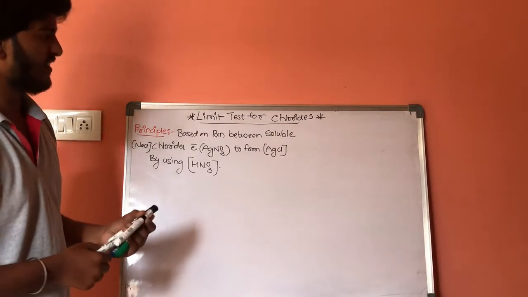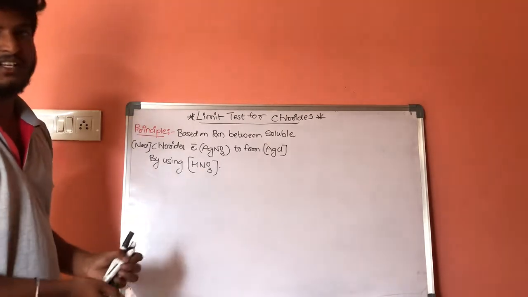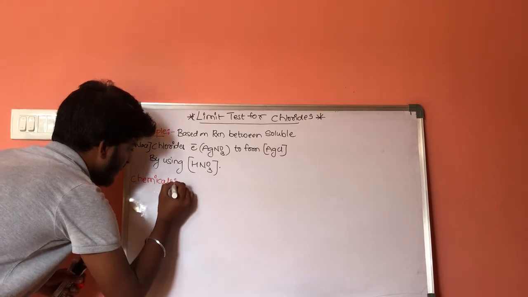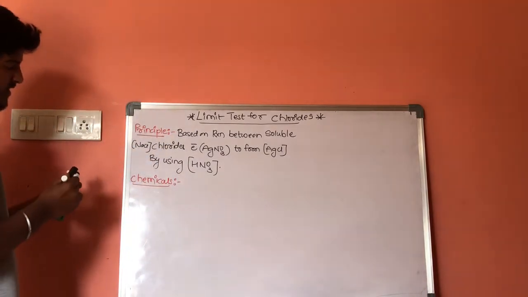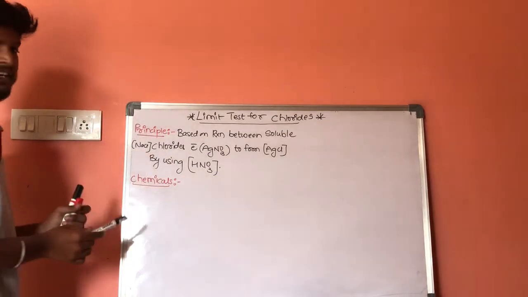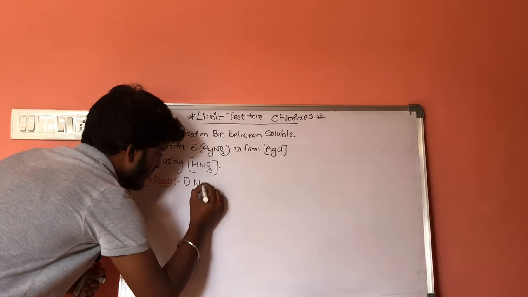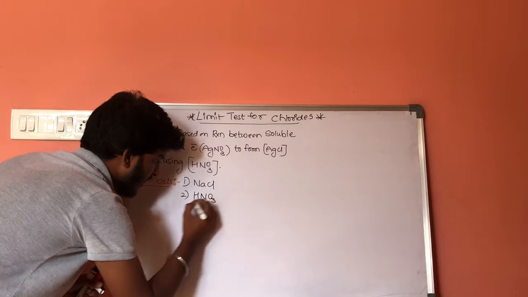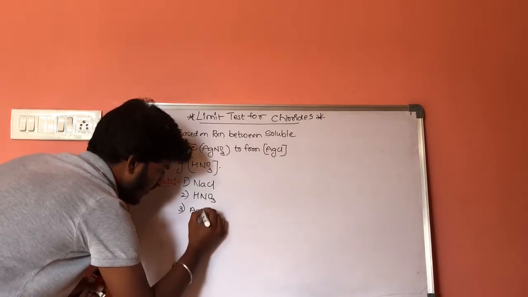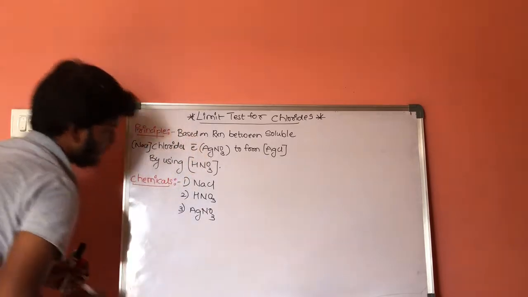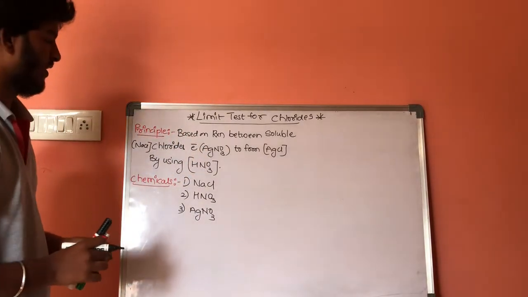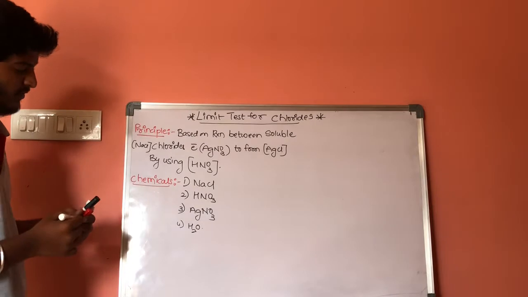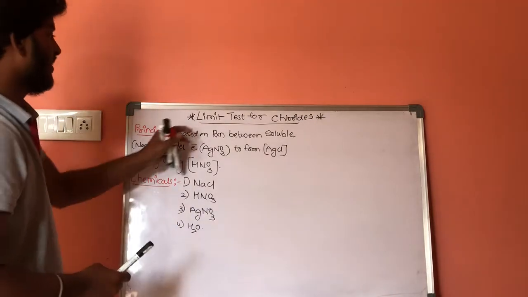Now the chemicals required in this limit test for chlorides are: first, the standard solution, that is NaCl; second, nitric acid; third, silver nitrate; and water. These are the chemicals required for the limit test of chlorides.